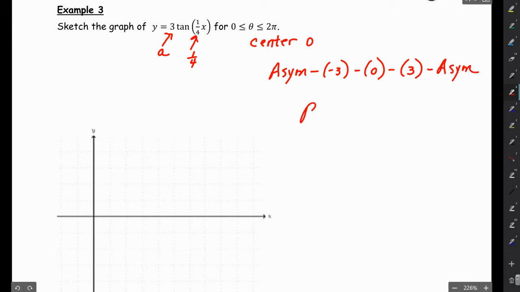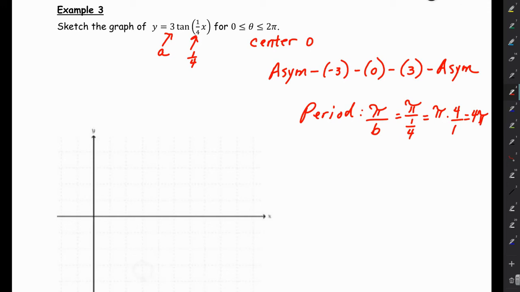All right, our period is going to be pi over b. So it's going to be pi over a fourth, which is 4 pi. All right, so we're at -2 pi and 2 pi.